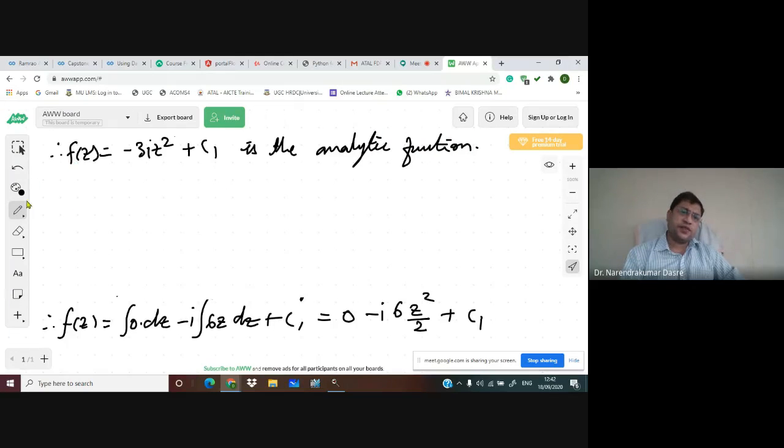And hence once we get the analytic function, what we have to do is put z is equal to x plus iy in the above equation.